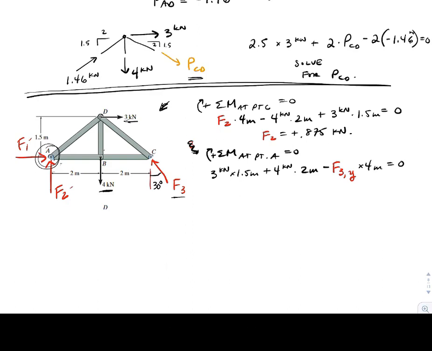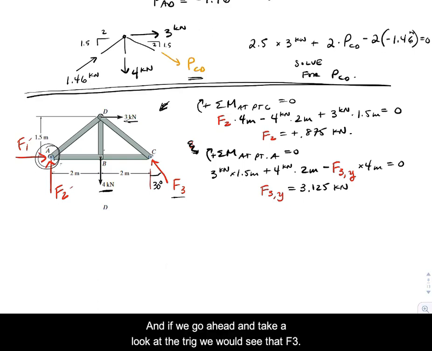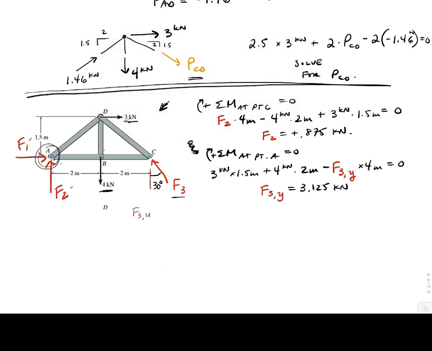That equals 0. Go ahead and solve that. It says that F3y is going to equal 3.125 kilonewtons.